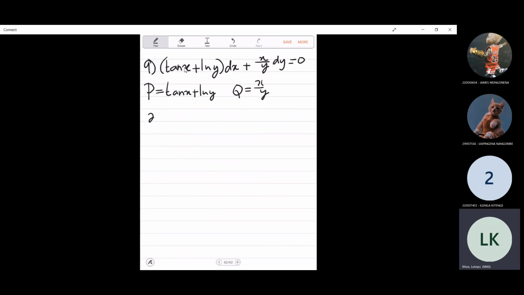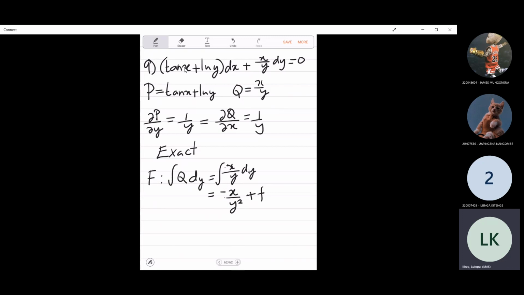which is minus x over y squared plus some function of x. And then I find the derivative of f with respect to x, which is minus 1 over y plus f prime of x.